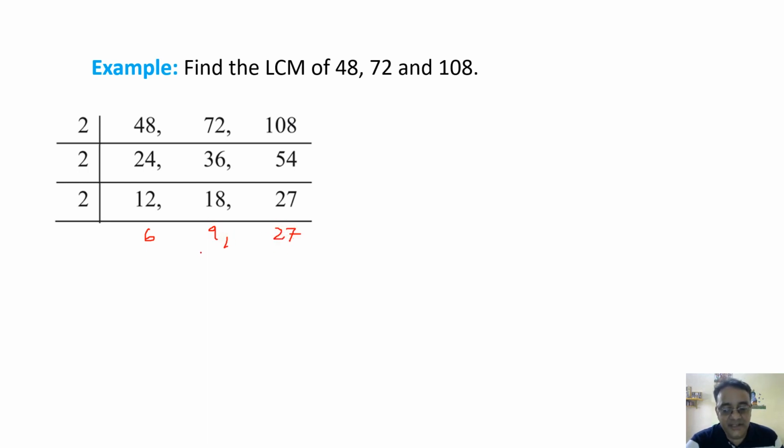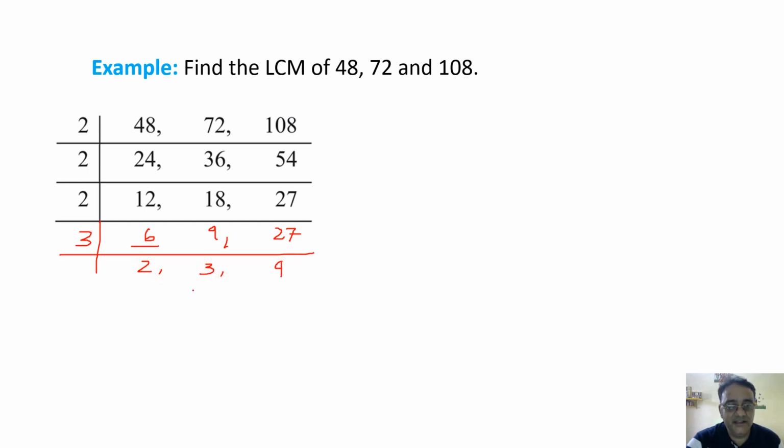Right. Now here all three numbers are divisible by 3. 6 is also divisible by 3, 9 is also divisible by 3 and 27 is also divisible by 3. So what we will do, we will divide all by 3. So what you will get? 2, 3, 9.